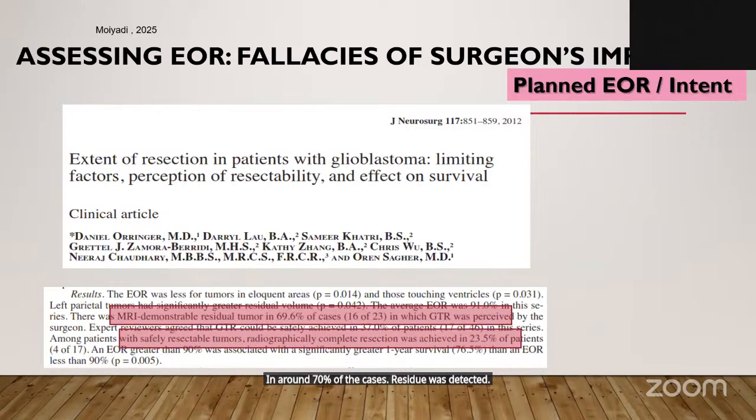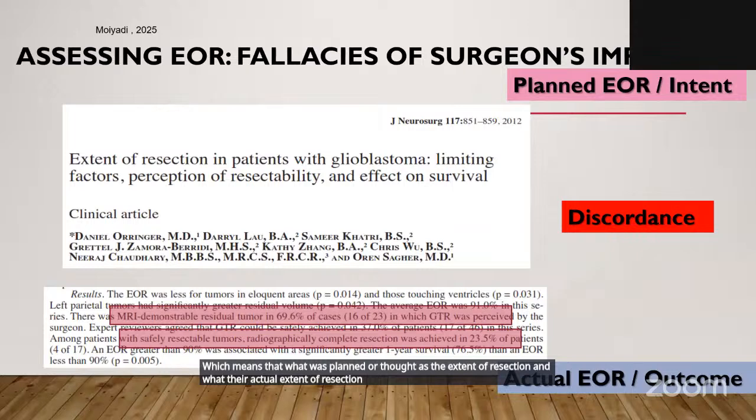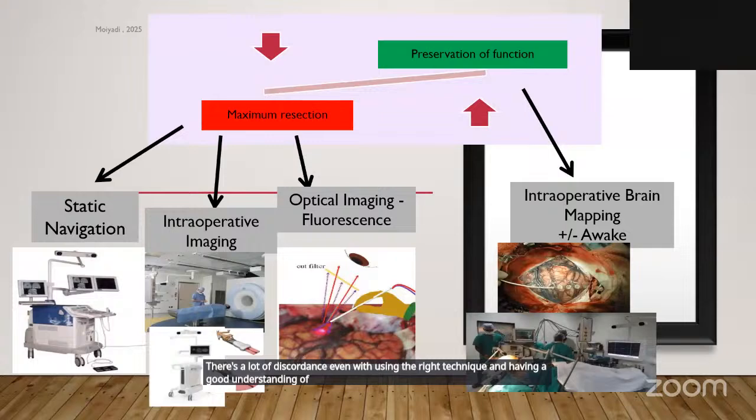This means that what was planned or thought as the extent of resection and the actual extent of resection achieved were not concordant. There's a lot of discordance, even with the right technique and a good understanding of the knowledge. And this is because of the limitations of visualization, even with high magnification and illumination, and because of the very basic nature of gliomas, which are infiltrative.